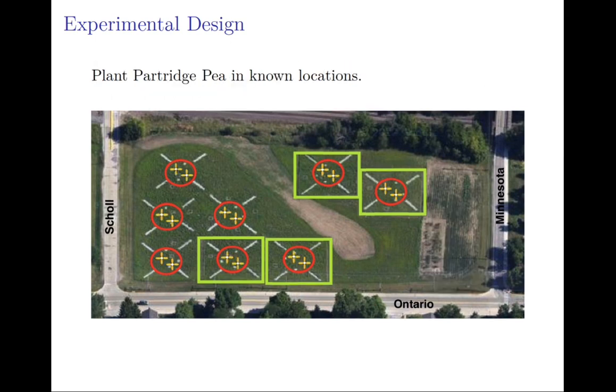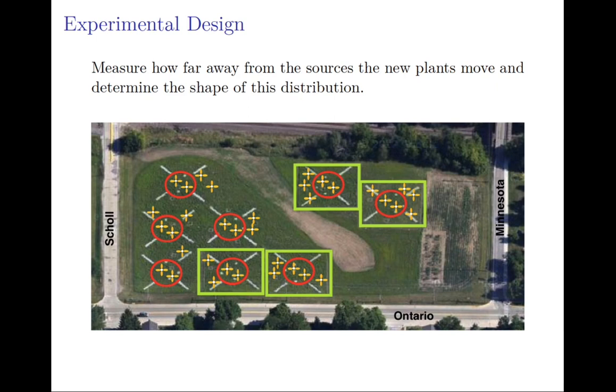What we did was we planted partridge pea in known locations, in the centers of all of our experimental units. And over time, we watched as these individuals of this species moved out away from the source, and we measured the distance from the edge of that circle to each individual so we could get an idea of how far our species are moving.